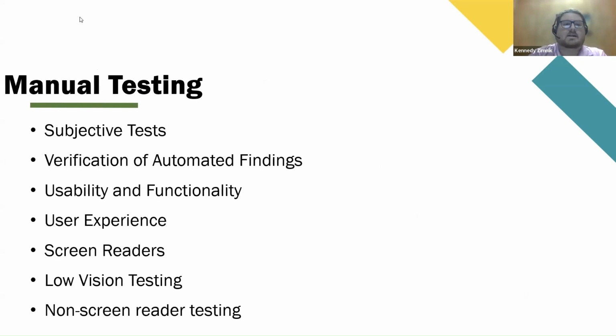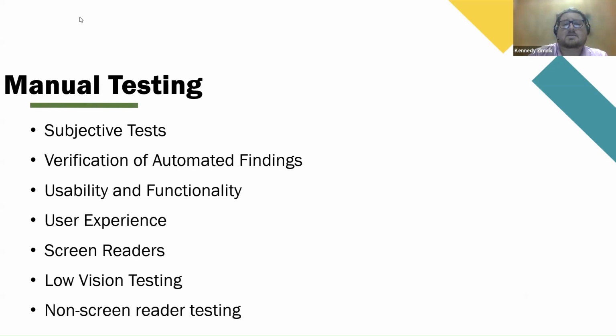Okay, manual testing. Manual testing gets into subjective tests. It's not just catching whether something is there or not. It's actually going in and seeing to what degree this works. Does this work for certain people? Are there different methods of doing this? Like I said, the heading example is easy. Is it the correct heading level?